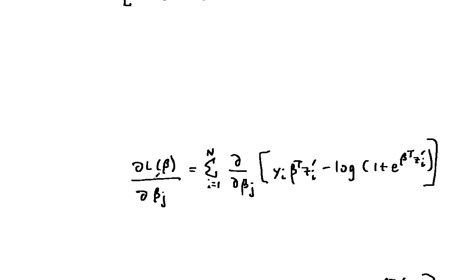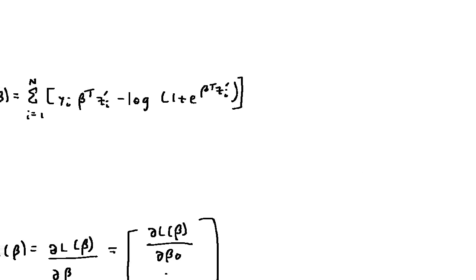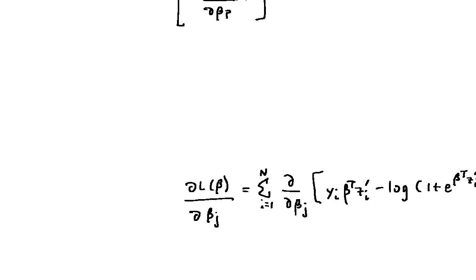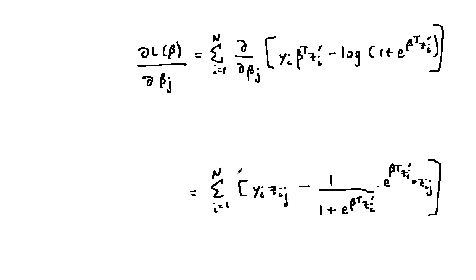Okay, so the partial derivative of L with respect to beta j is the derivative of L of beta, which is this, and that's a sum, so we take the partial derivative of the sum, which is the sum of the partial derivatives. Okay, so we get this. Now take the partial derivative of this part, we get z_ij.